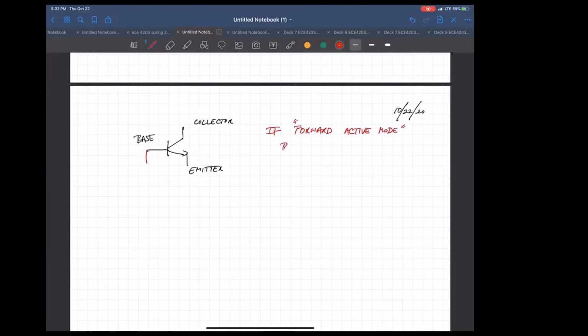That means the base-emitter junction is forward biased, and the collector-base junction is reverse biased.